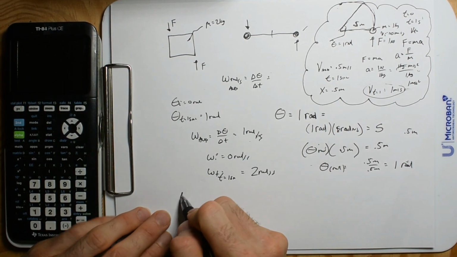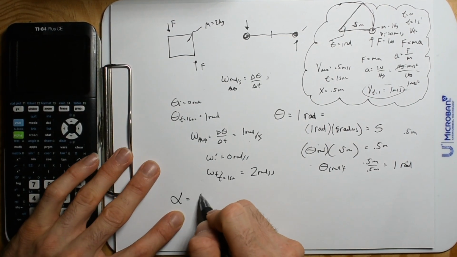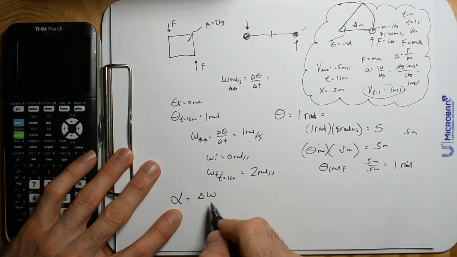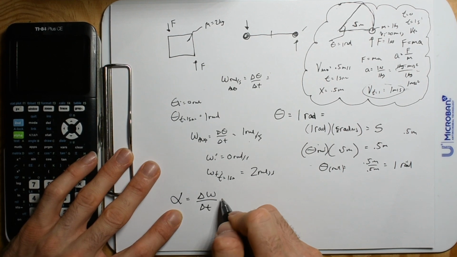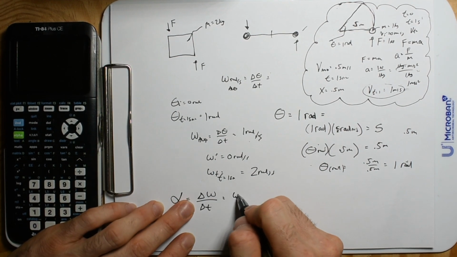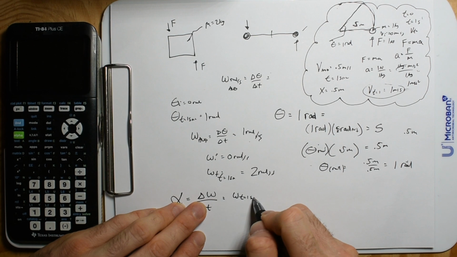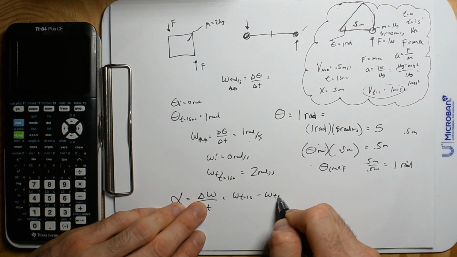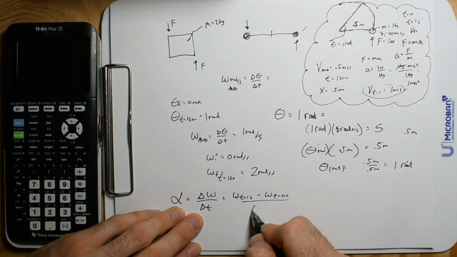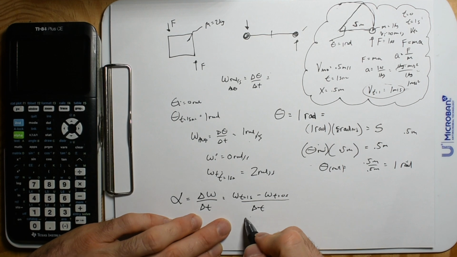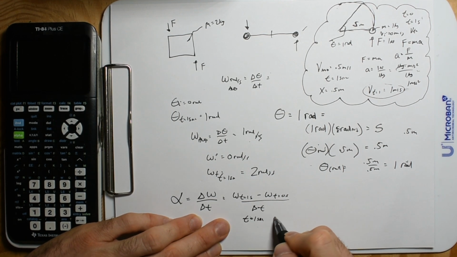Hell yeah. Now we can get on to what alpha is. The definition of alpha is change in angular speed divided by change in time. So we have omega at t equals 1 second minus omega at t equals 0 seconds, divided by the change in time. And if you want to get techie, this is the time at 1 second minus the time at 0 seconds.